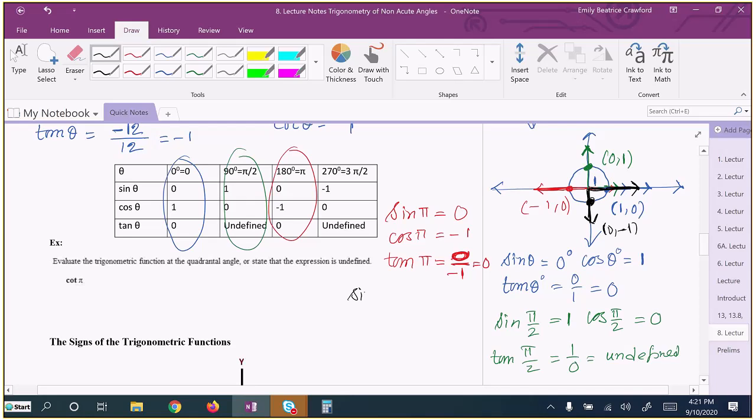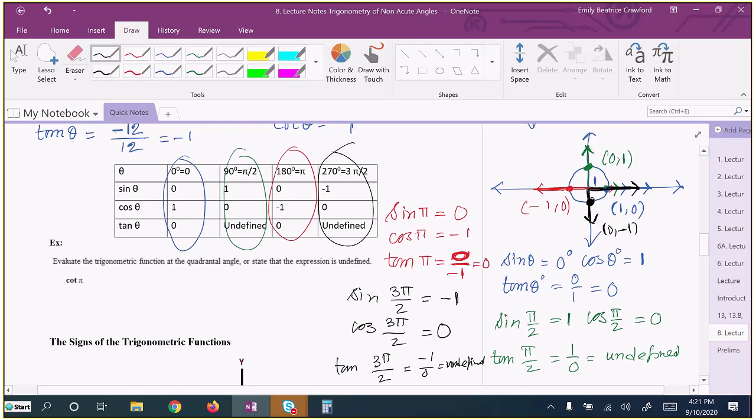So sine of 3 pi over 2, which is 270 degrees, will be the y coordinate of -1. Cosine of 3 pi over 2 will be the x coordinate, so that's 0. Tangent of 3 pi over 2 will be equal to -1 over 0, and that is undefined as well, which is matching with the table values.